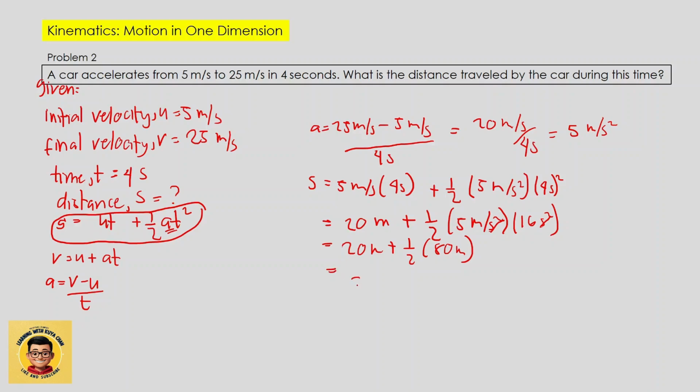So to simplify that, 20 meters plus 40 meters, which will give us the final answer, which is 60 meters. So the total distance traveled by the car, which accelerated from 5 meters per second to 25 meters per second in 4 seconds, is 60 meters.